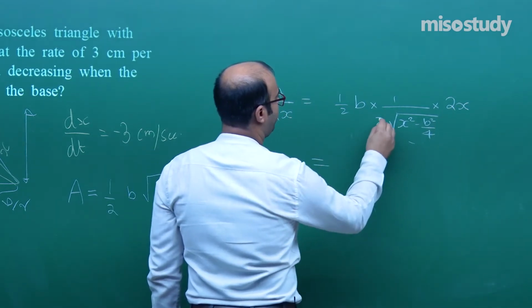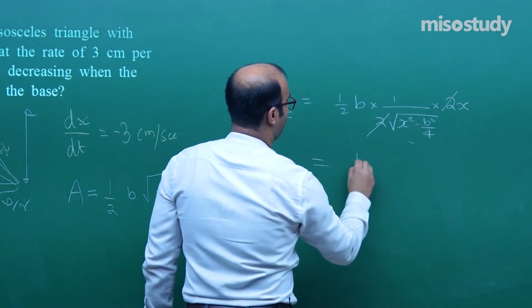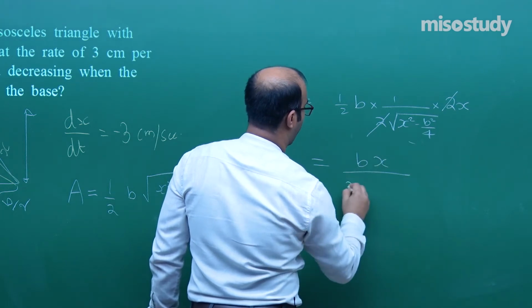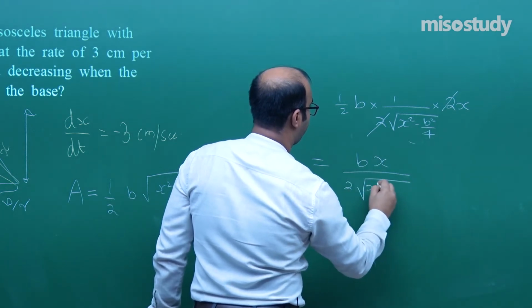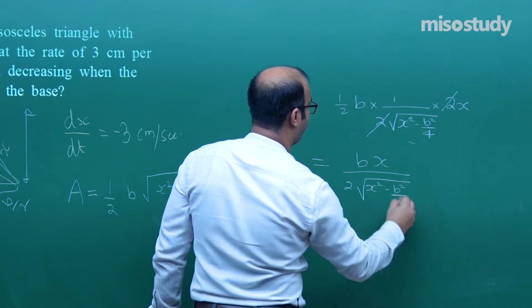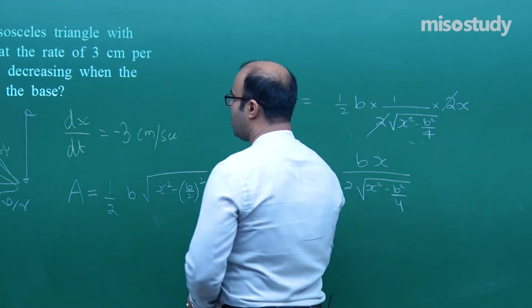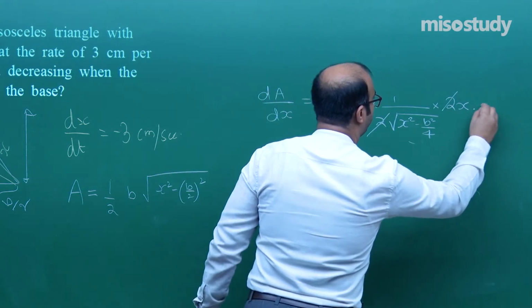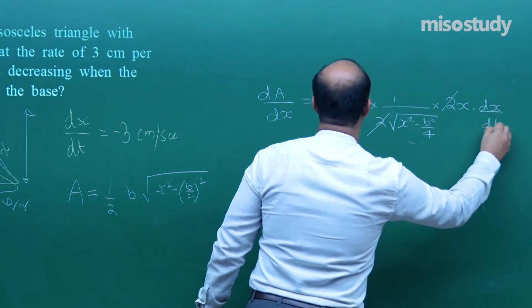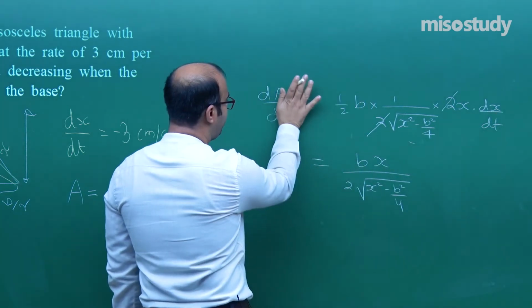So this comes out to be, 2 cancels, bx by 2 times root over x square minus b square by 4, into dx by dt, of course.